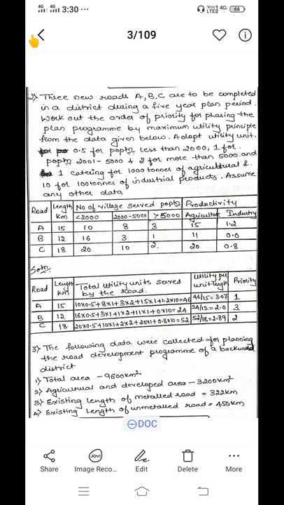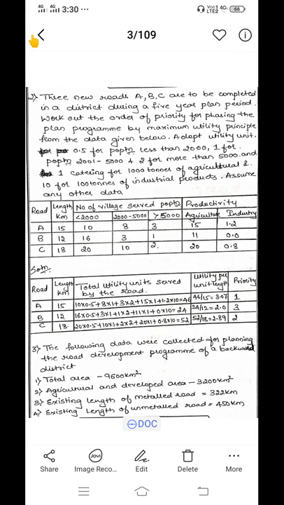Clear? Similarly, for road C, the total length is 18 kilometers. Here there are 20 villages whose population is less than 2000, 10 villages whose population is between 2001 to 5000, and 2 villages whose population is above 5000.